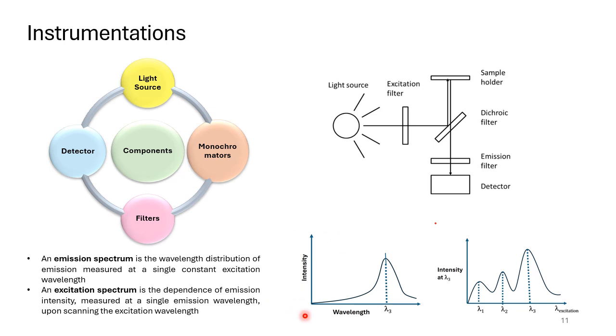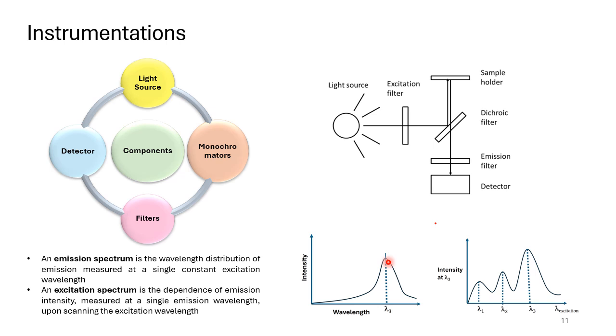When we check the intensity, we get this kind of plot, and we can see that at a particular wavelength we see a maximum intensity. Now we know that at lambda 3 the intensity is maximum.